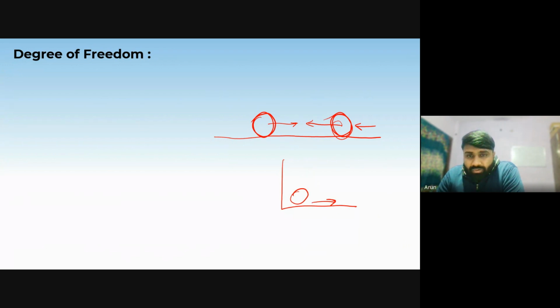But if I talk about this second degree, this plane, the yx plane, and I want to ensure that this ball does not move, I have to apply the force in two directions. So that is where the degree of freedom came in.